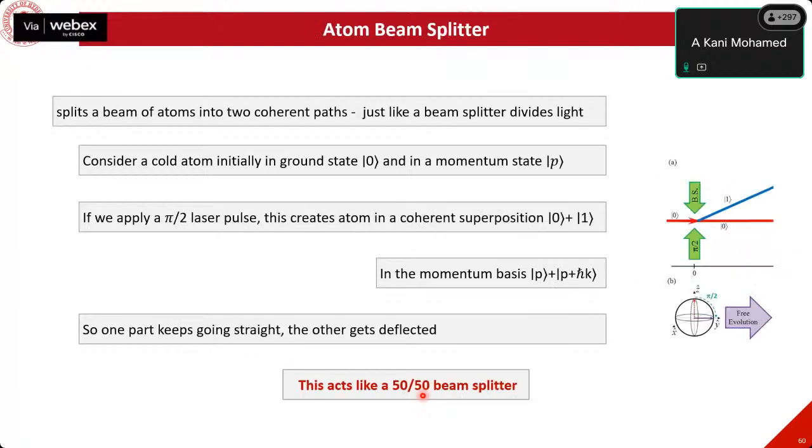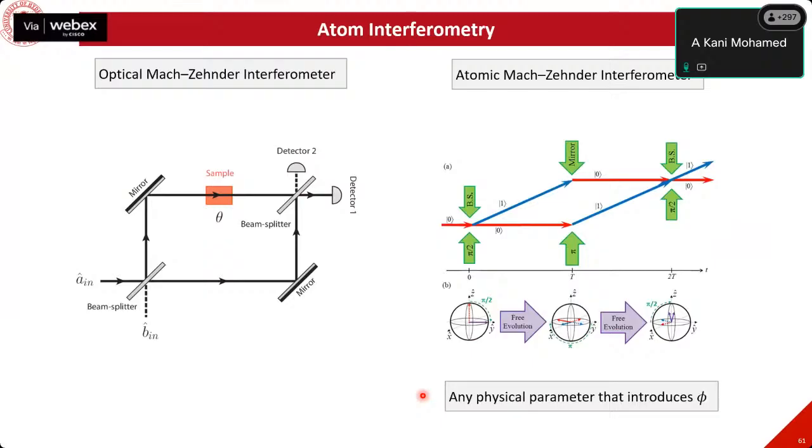These are the main elements that we need to understand. We want to construct a kind of interferometer for the atomic beam. This is a simple example of an atomic interferometer.